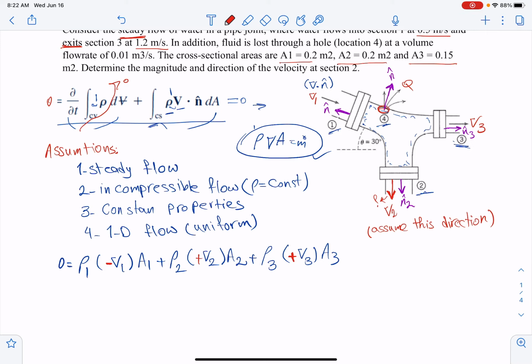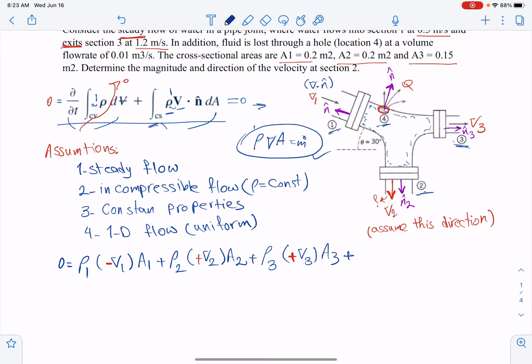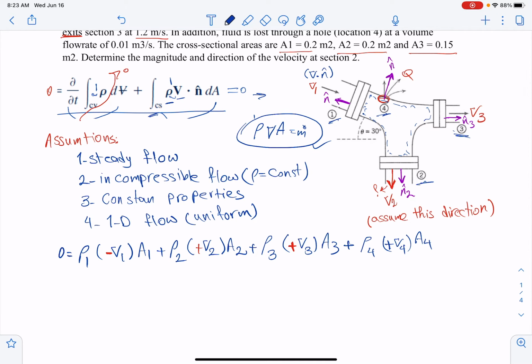And then at section 4 we have rho 4, v4, and a4. Again, this is a positive sign right here, and we know that v times a is going to be the flow rate, right?